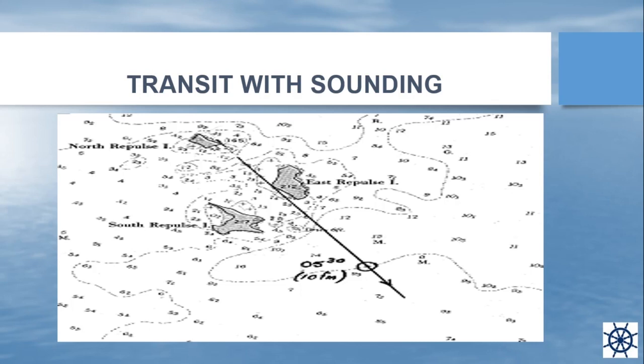Using this North Rifles Island and this East Rifles Island as our reference points when we transit in this area, and using the contour, or the depth of the water, where the sounding of our charted depth is used as one of the reference points.